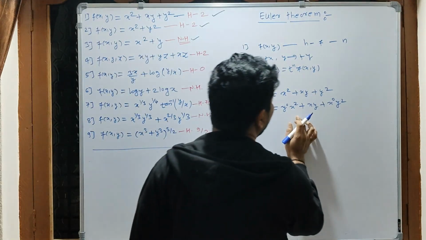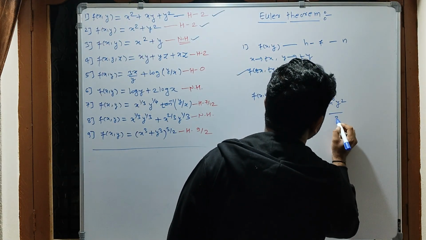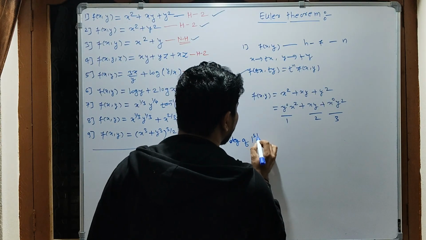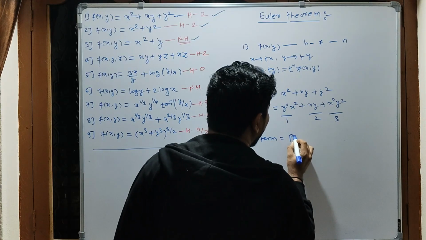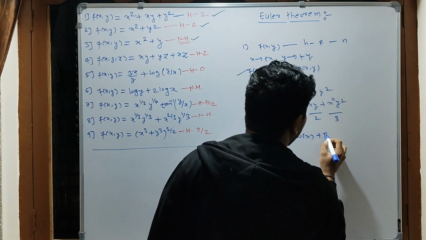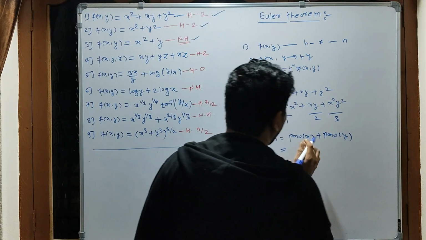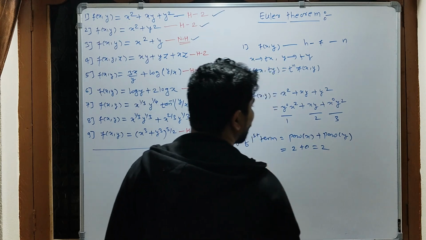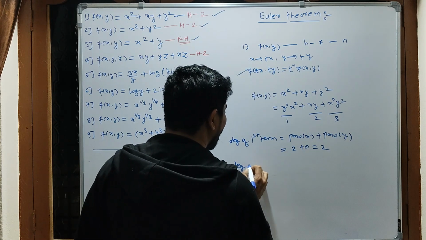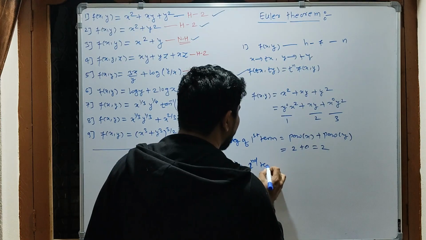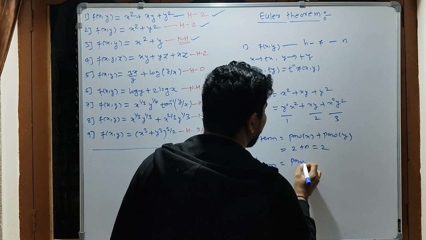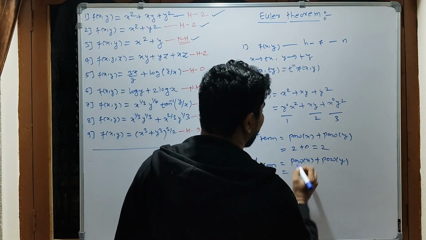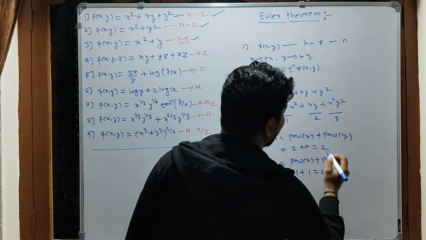This is my first term, this is my second term, and this is my third term. How to find the degree of the first term? Degree of first term equals power of x plus power of y. Power of x in my first term is 2 and power of y is 0, which is equal to 2. Degree of second term equals power of x plus power of y: power of x is 1 plus power of y is 1, which is equal to 2.